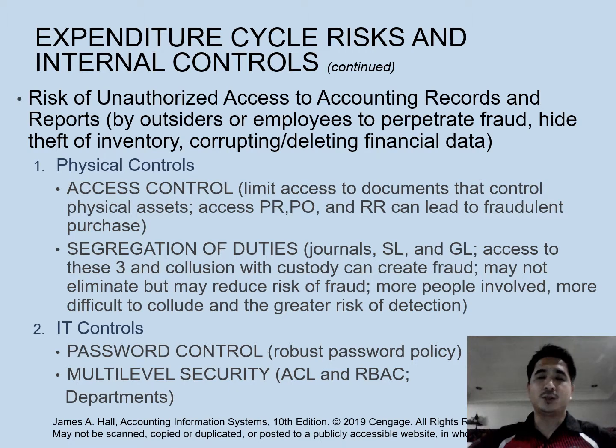You give access to specific persons, or the RBAC, the role-based access control, meaning you give access to certain positions. For example, if there are three persons who are acting as AP clerks, so one access to an AP clerk. And then multi-level security, you limit access to certain departments pertaining to their job descriptions.